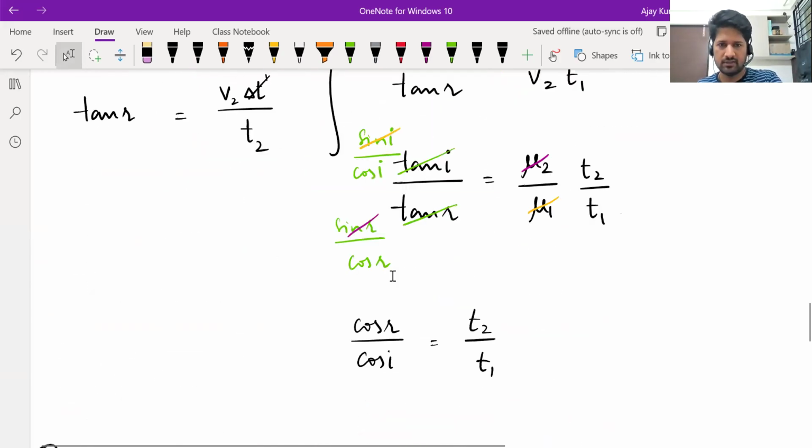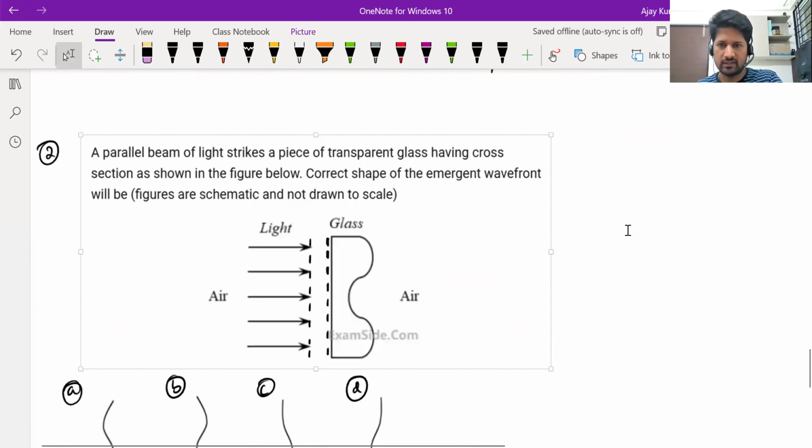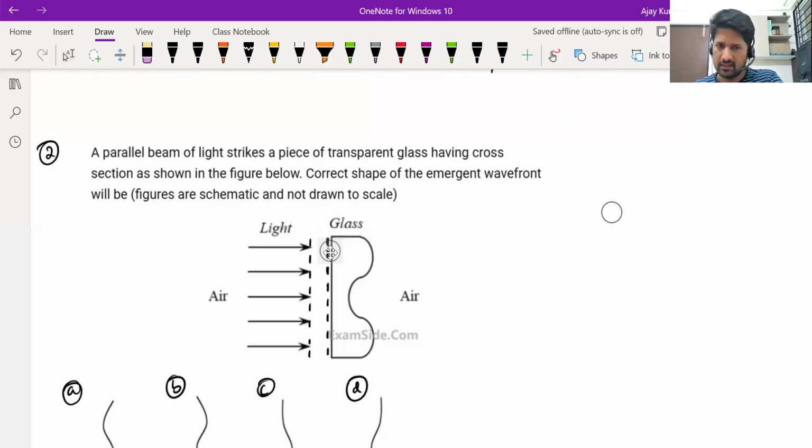First thing that we have to discuss is that when the wavefront is just incident at that surface, it is entering from air into glass. In the glass, the speed of light will be less. So let's consider it like this.